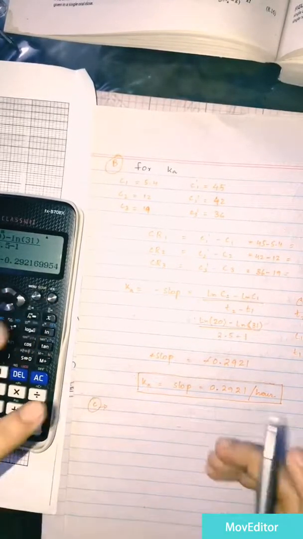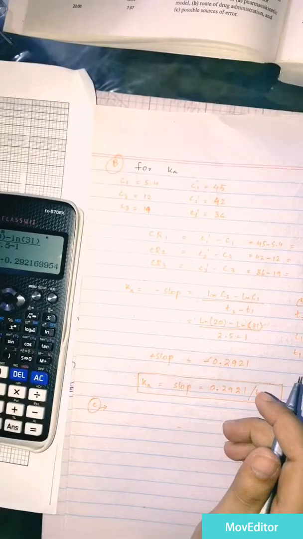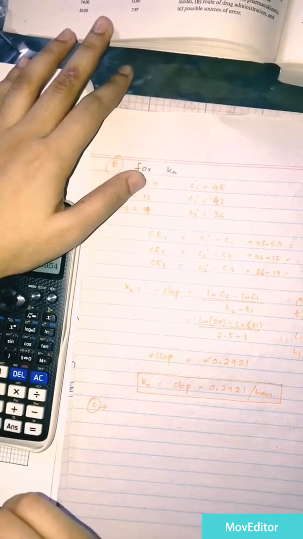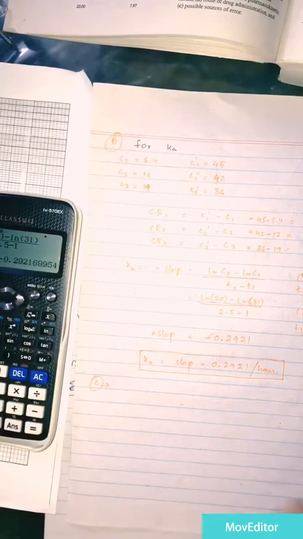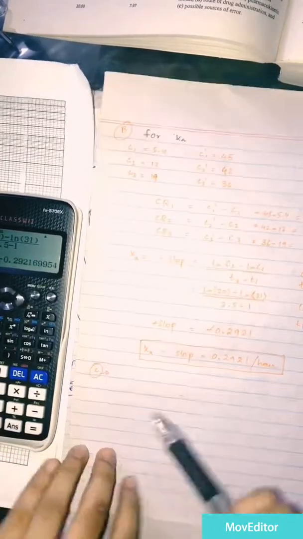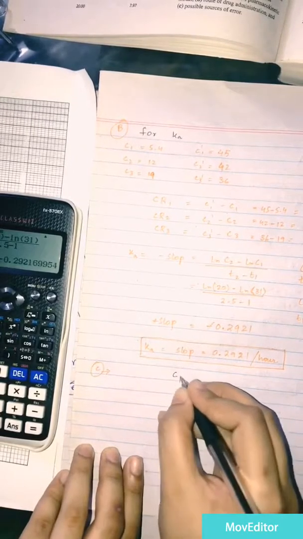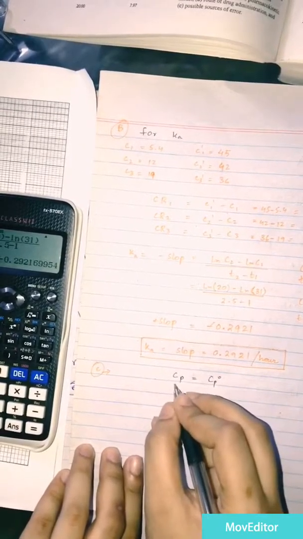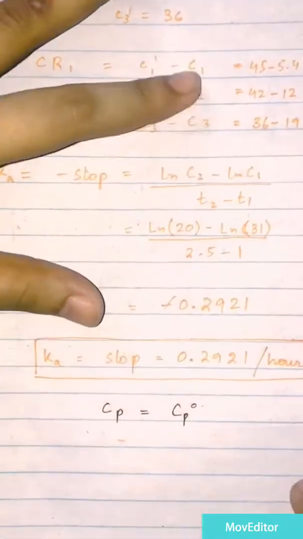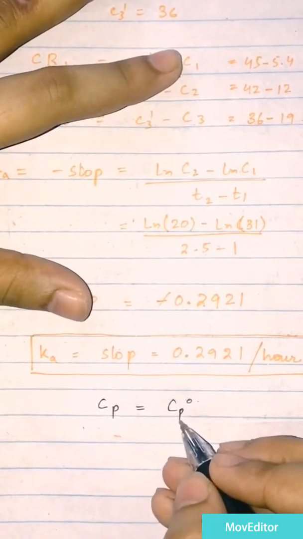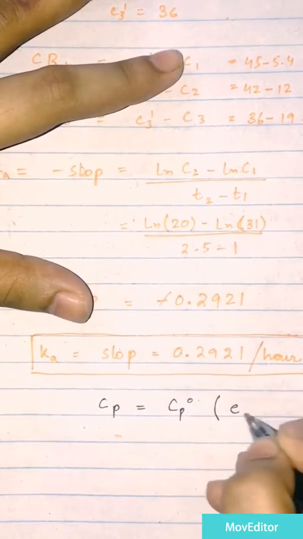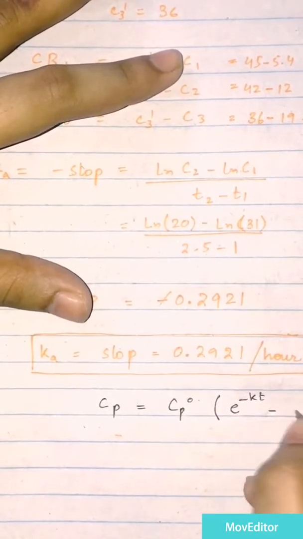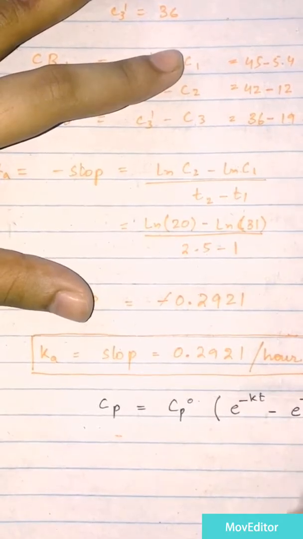Part C tells us to describe the plasma drug concentration for a new benzodiazepine with an equation. The equation which the oral one compartment model follows is Cp equals Cp naught, where Cp stands for plasma drug concentration, the amount per volume in plasma, and naught shows the initial plasma concentration, times bracket e to the power minus Kt minus e to the power minus Kat.